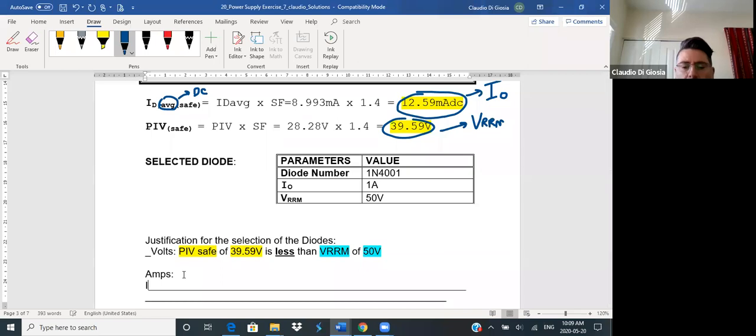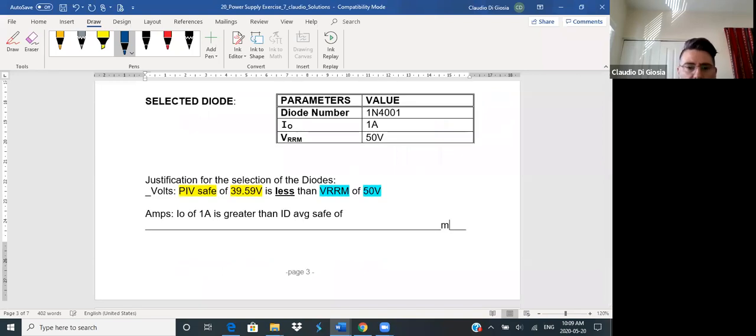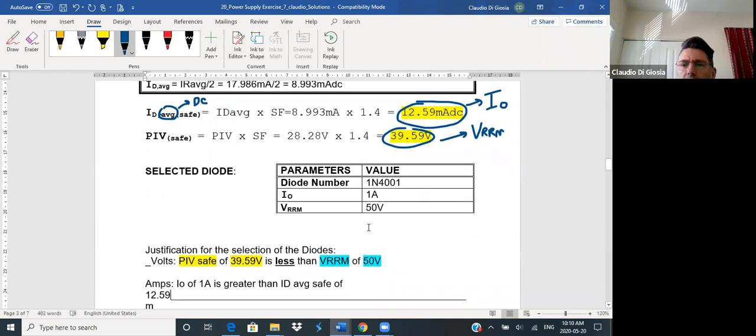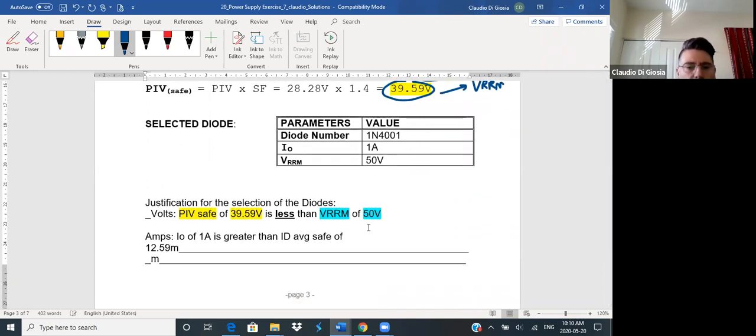I'm going to say IO, not IP, but IO of 1 amp is greater than ID average safe of 12.59 milliamps.